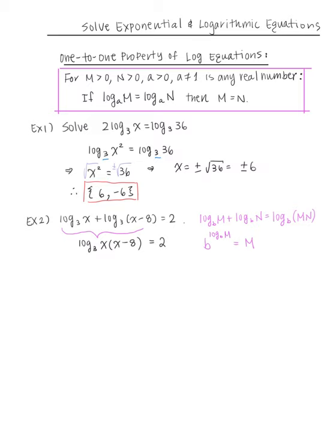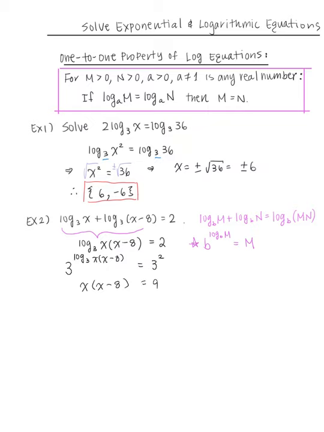I'm going to raise 3 to the log base 3 of x times x minus 8. If you raise the left-hand side over 3, you better do the same thing on the right-hand side, so I have 3 squared. Using this property, we get x times x minus 8 equals 9.